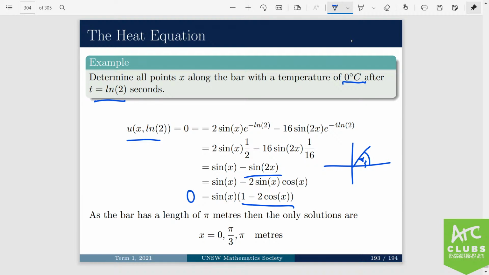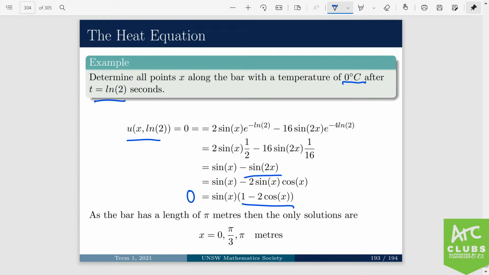The only time we would ever get back to that again is if we went past pi. So that's the only one we need to consider for that case.